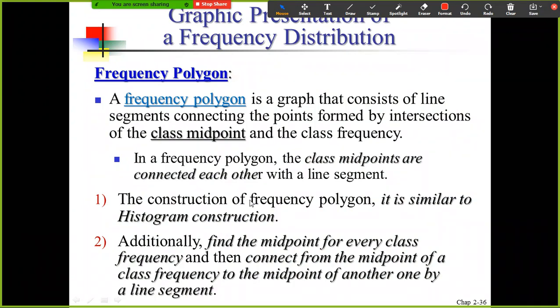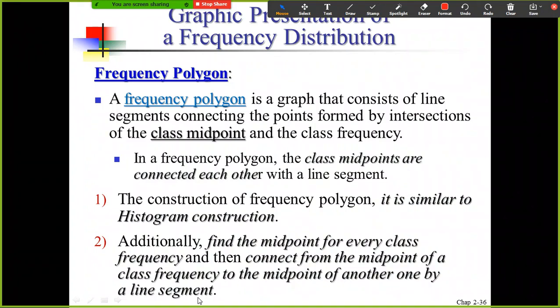So first it is similar to histogram construction, but more than histogram, you need to find the midpoint of every class frequency. Then connect from the midpoint of a class frequency to the midpoint of the other class frequency by using a line segment.